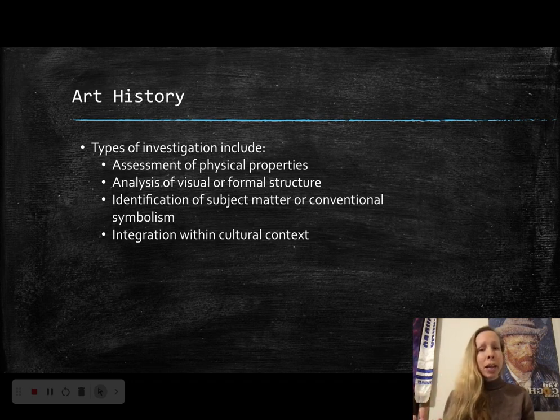And then you're analyzing that visually, like the techniques that were used, the materials that were used, and things of that nature. And then identifying the subject matter and the symbolism of it. And then also, how does it fit within its cultural context? All right, so those are the four main things.